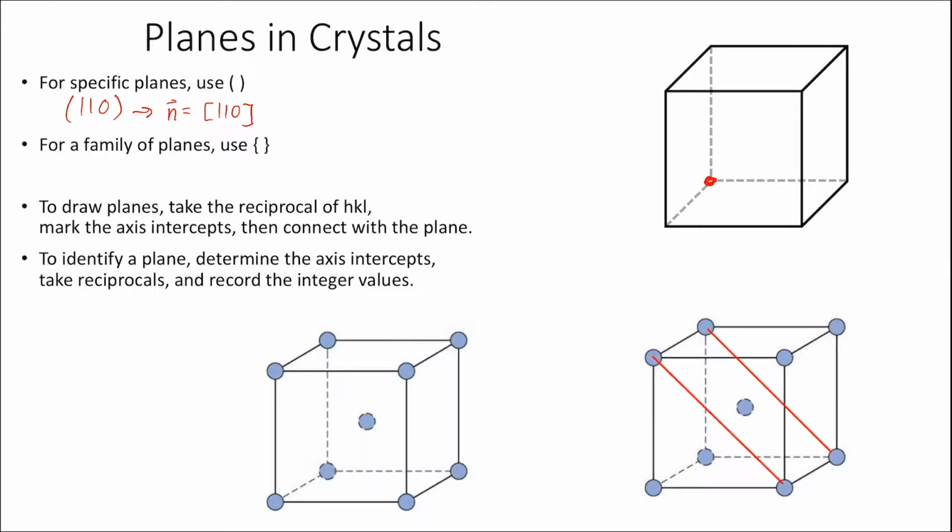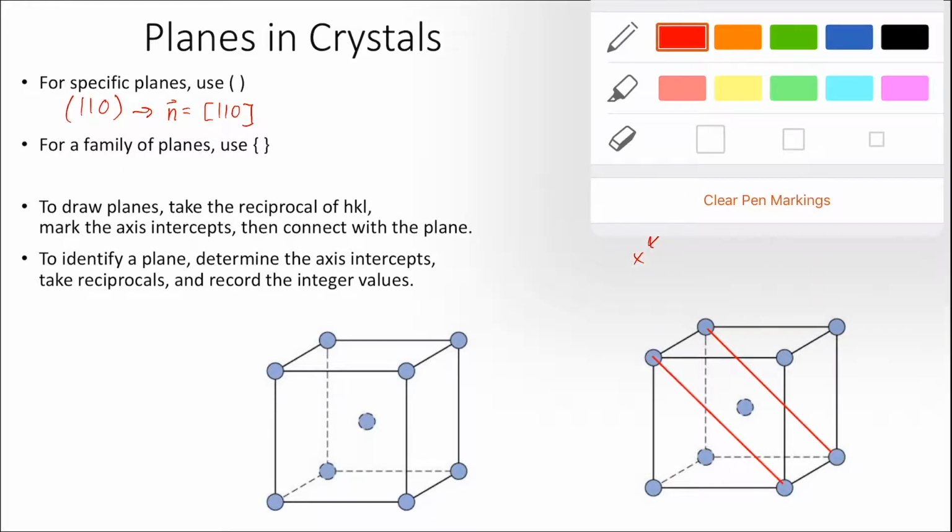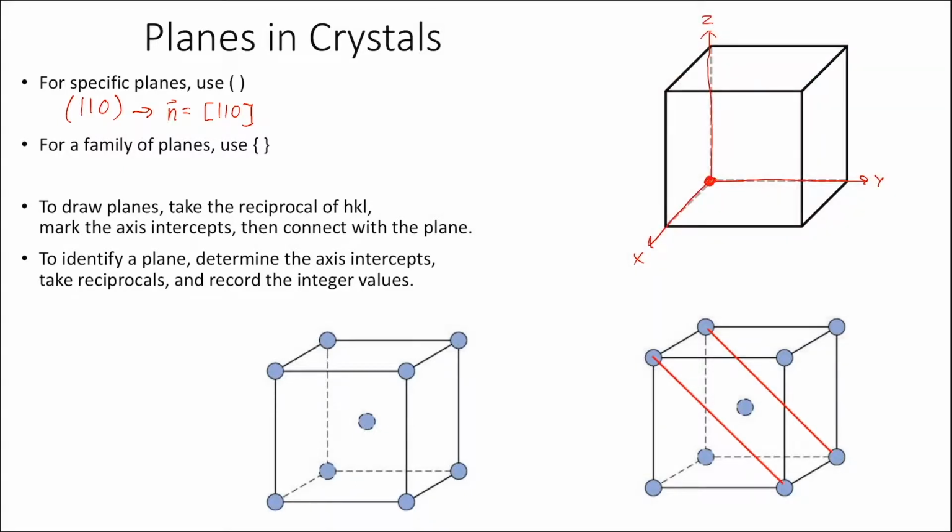If I take the origin to be here, and I make x come down this direction, y here, and z going up. I know that our normal direction is 110, so I'm just going to go plus x and plus y, and I'm going to come across the bottom plane there. So that's just going to be the direction 110.